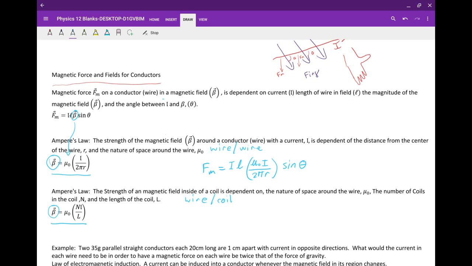Wire and the field, okay? Not the wire and the other wire, okay?